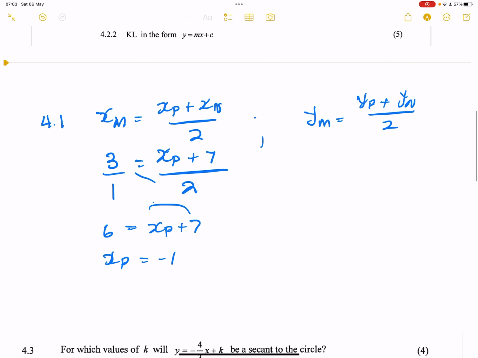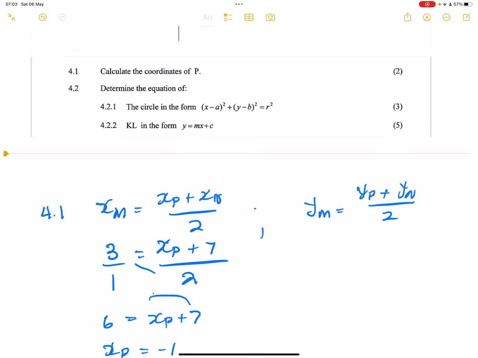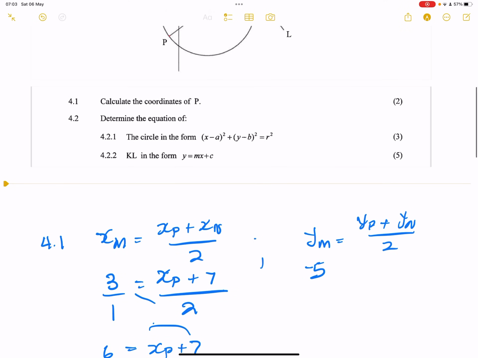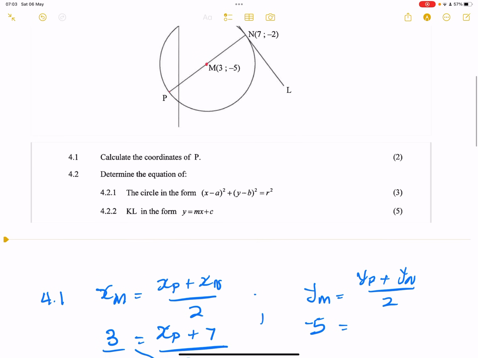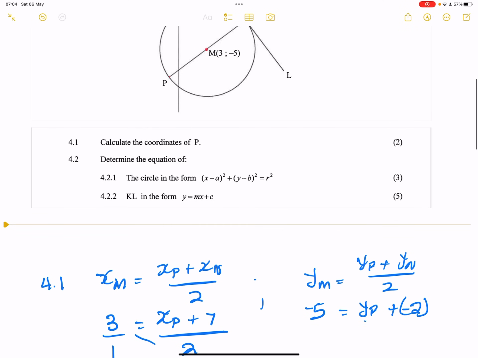Let's do the same for the y values. I know that the y value is -5, at P is the one that we want, and at N that value is -2, and divide that by 2.